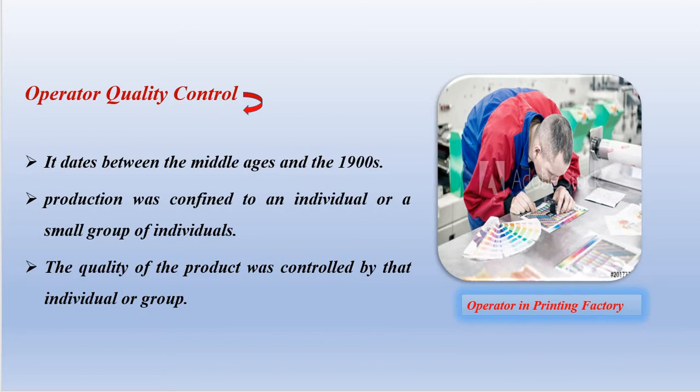The first one is operator quality control. The era of operator quality control dates back between the Middle Ages and the 1900s, when production was confined to an individual or a small group of individuals. The quality of the product was controlled by that individual or group.